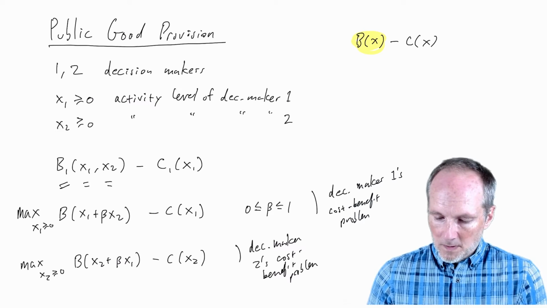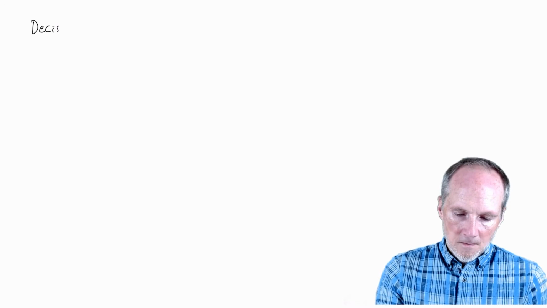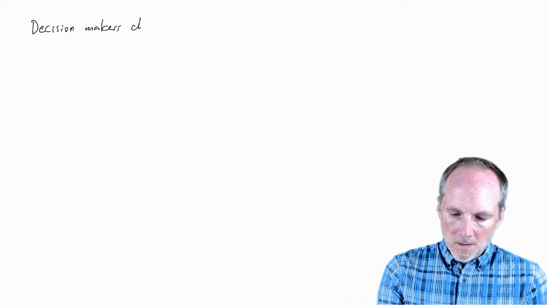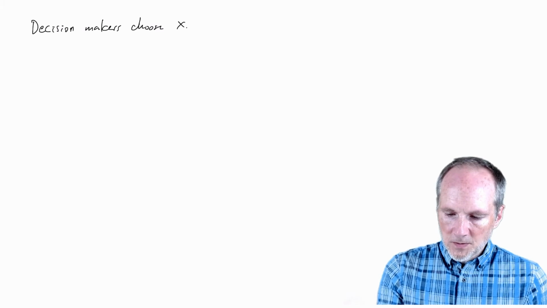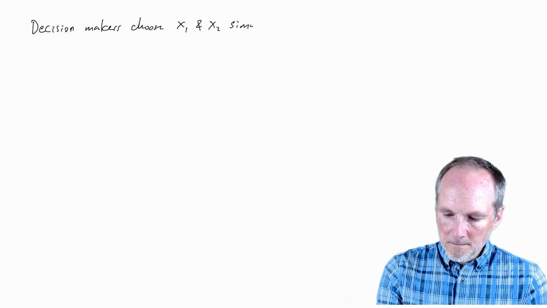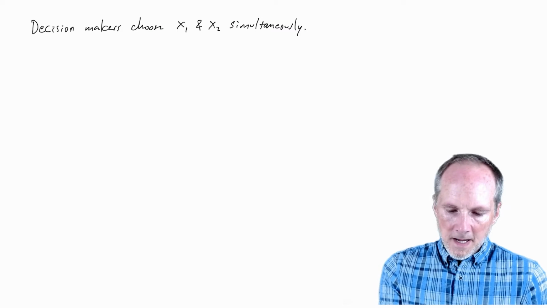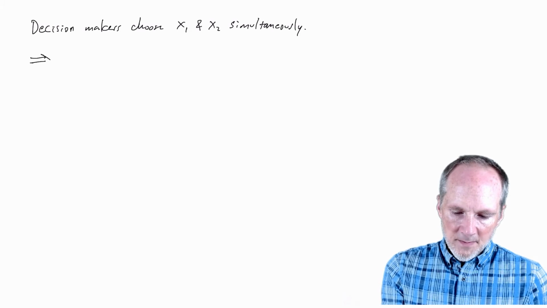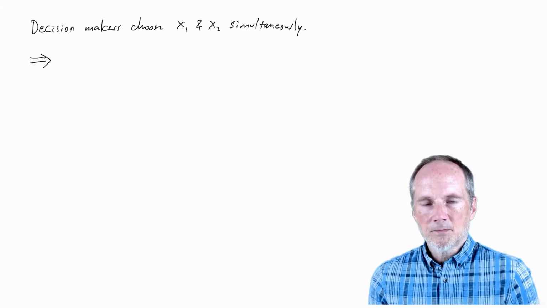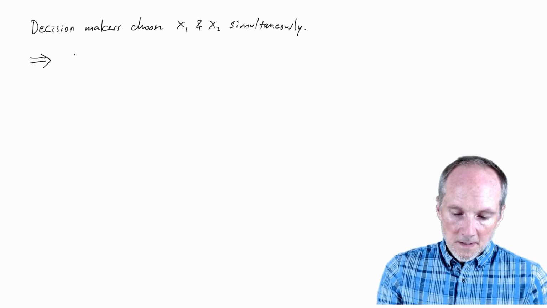So let me just write this out here. So decision makers choose their activity levels simultaneously, and that means that this situation we're talking about is technically a static game.